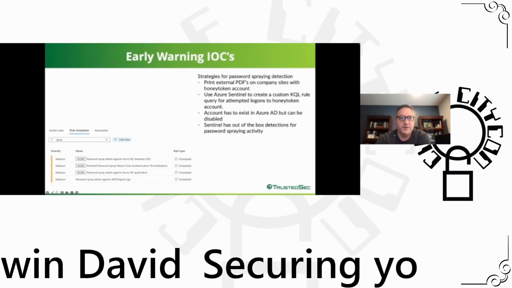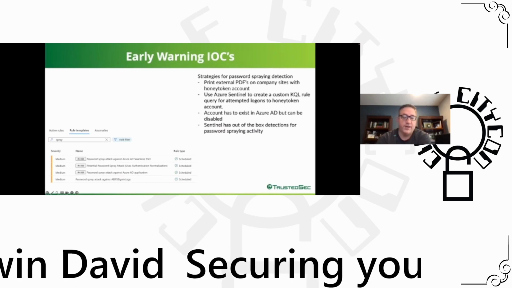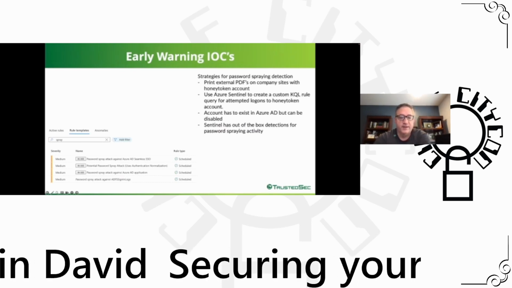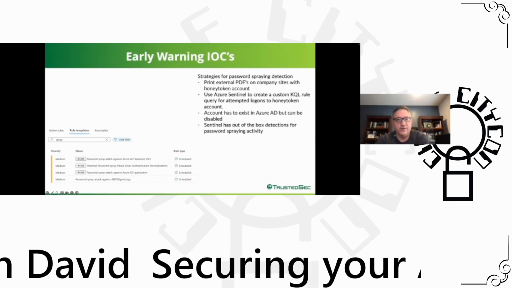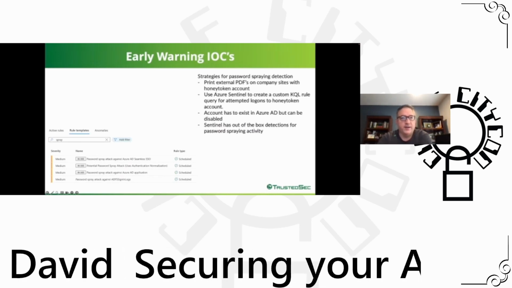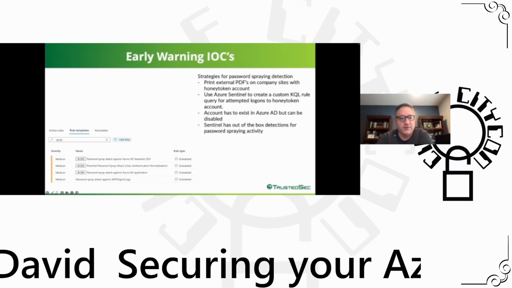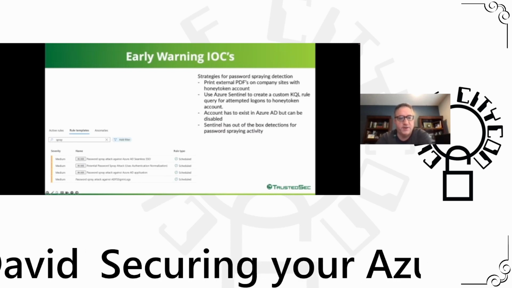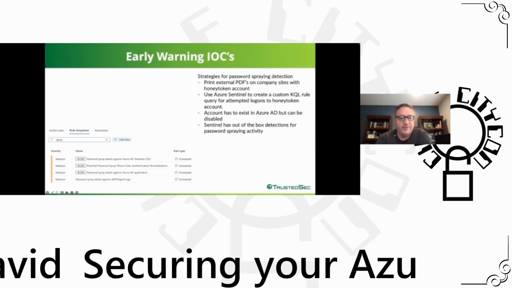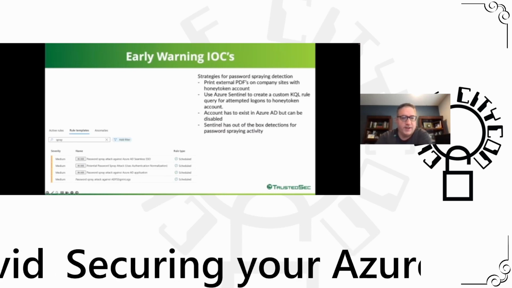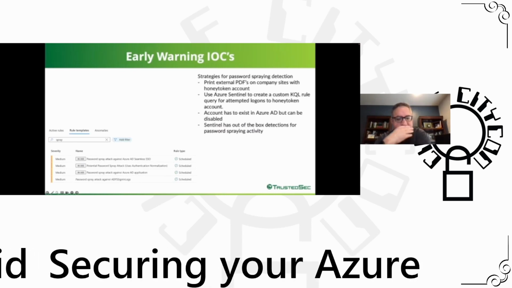Along with that, there are several pre-built or pre-canned detections in Azure Sentinel that you can use around password spraying attacks. So if you're an Azure Sentinel customer, it's very easy to set these up. I will caution a word of warning about some of them.